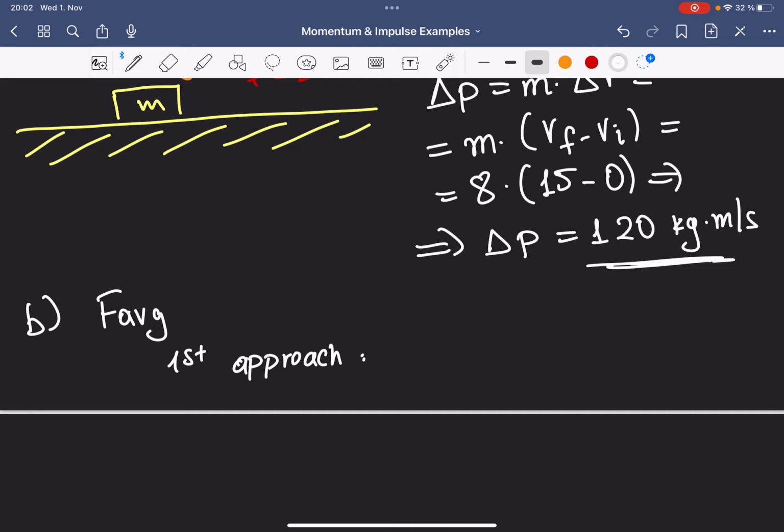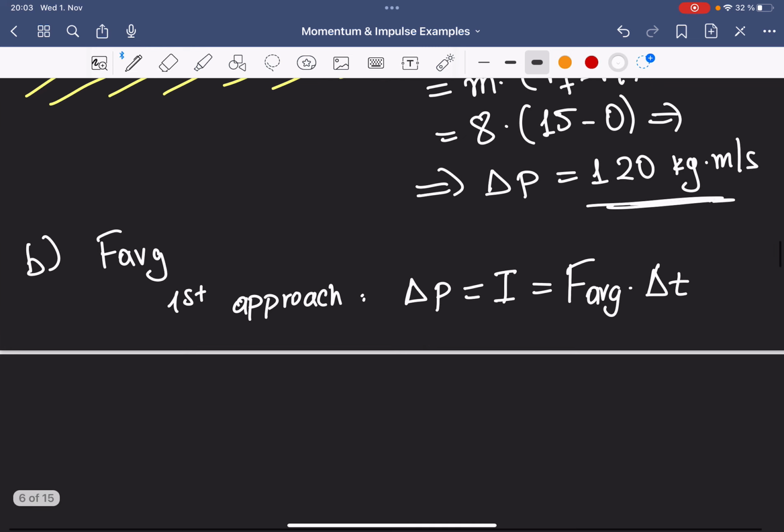For the first approach, we're going to use the fact that the change in momentum is equal to the impulse, which is given by the product of the force times the time that the force is acting on the object.